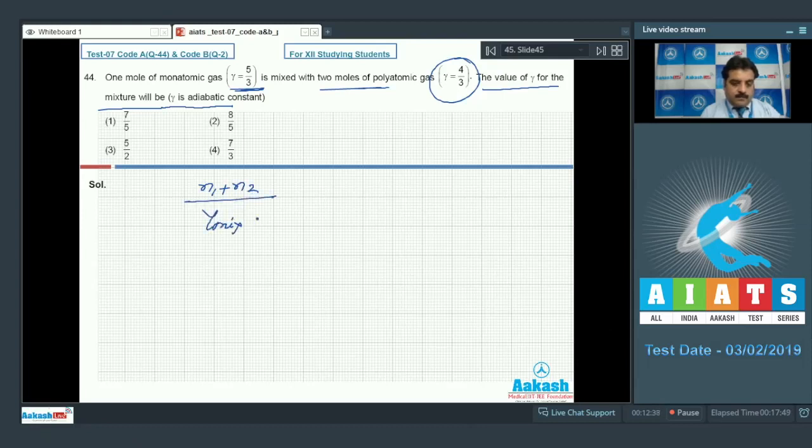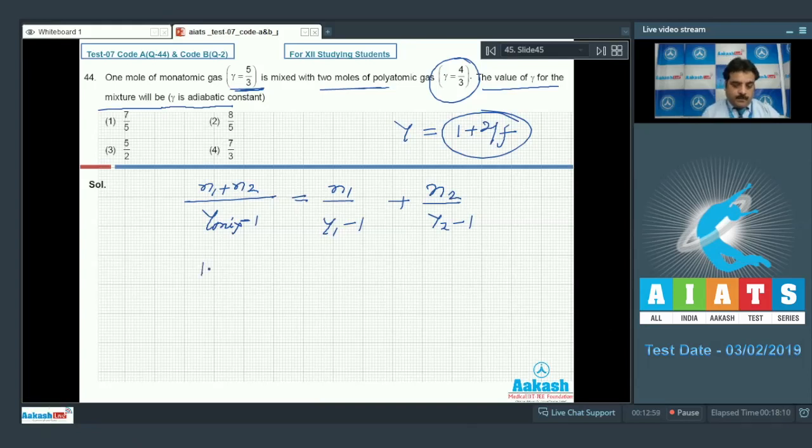(N1 plus N2) upon gamma mix minus 1 is equal to N1 upon gamma 1 minus 1 plus N2 upon gamma 2 minus 1. And gamma you can get from 1 plus 2 by F, where F is the degree of freedom, 3 and 5.